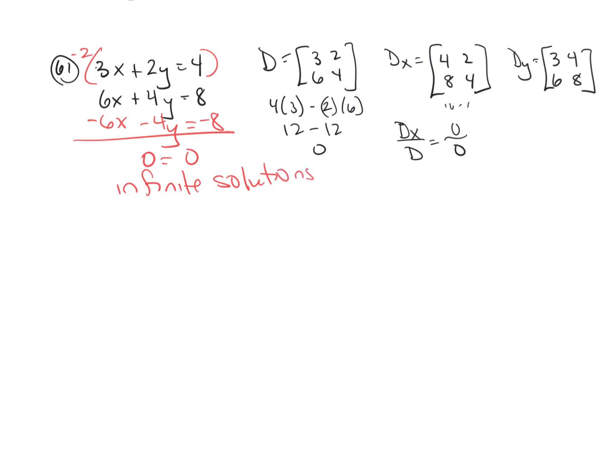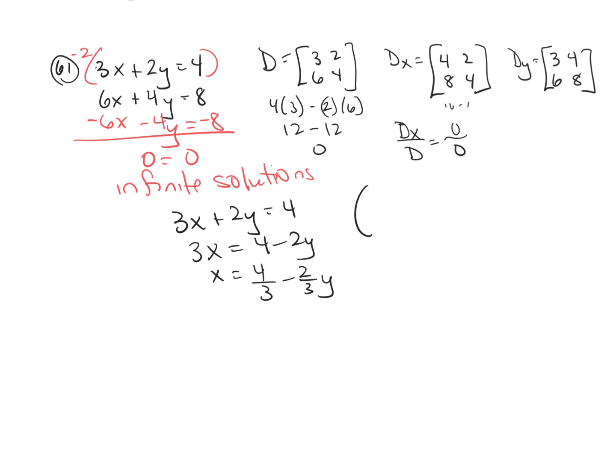I'm happy if you know we have infinite solutions. If anybody asks, get it in terms of x or y, you can take one of these equations and isolate one of the variables. It does not matter which one. And so x will equal 4/3 minus 2/3 y.